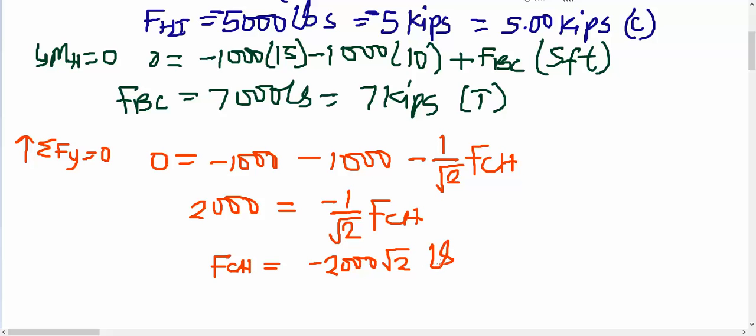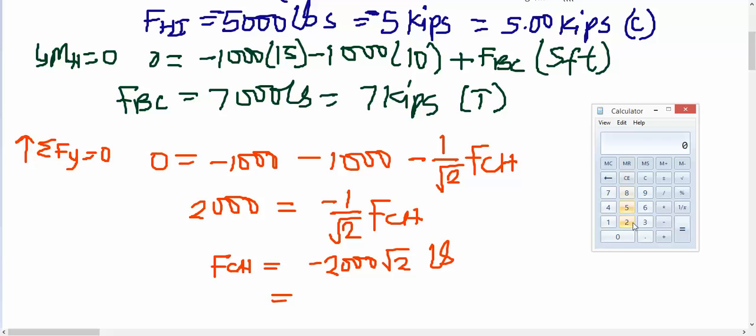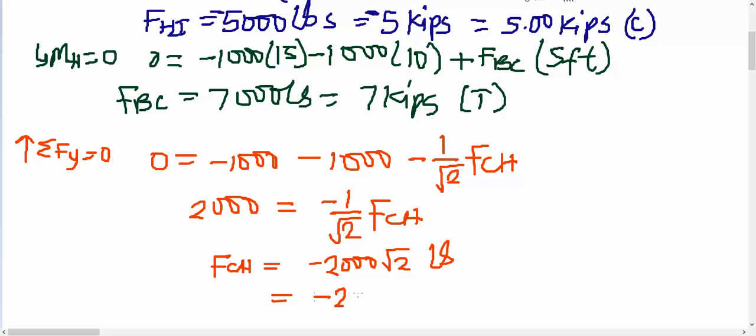So where's my calculator? Okay, that gives us negative 2,828 pounds, which is equal to 2.83 kilopounds.